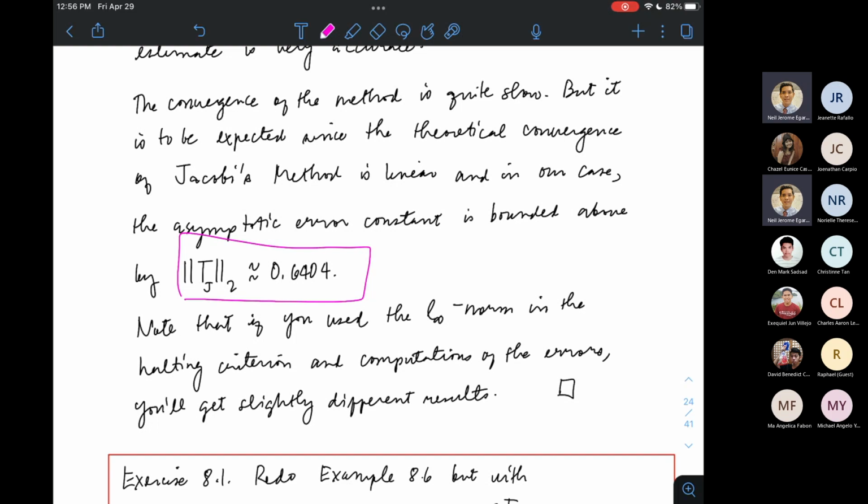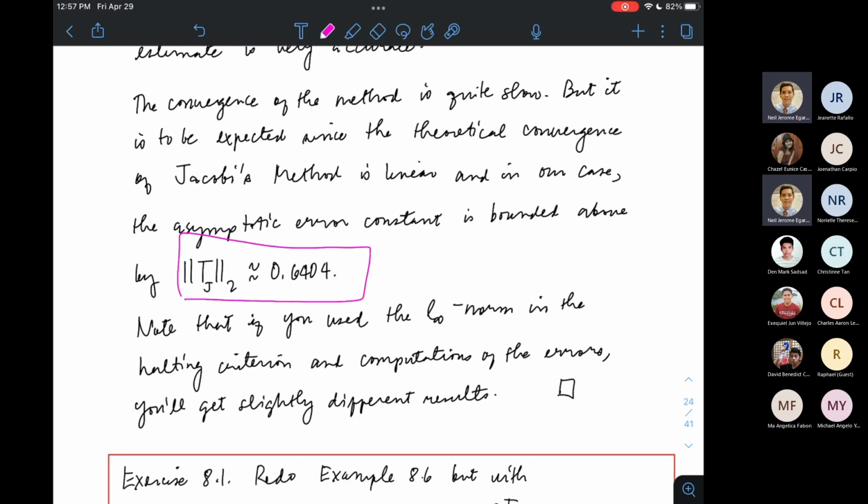Gusto niyo ba mag-discuss sa lab or wag na lang? Or wala kayong pake? Kung ano lang maisip pa. Sige, ganito na lang. Sige, wala na lang discussion sa Monday lab. Pero sayang pala yung Monday. Alam ko na, ganito na lang.